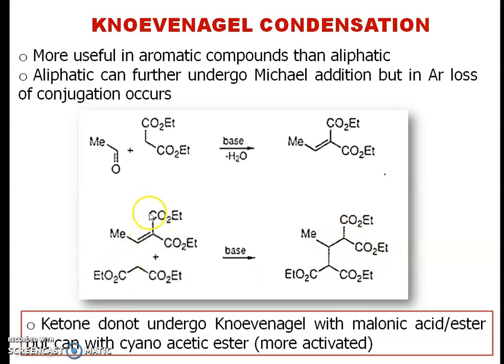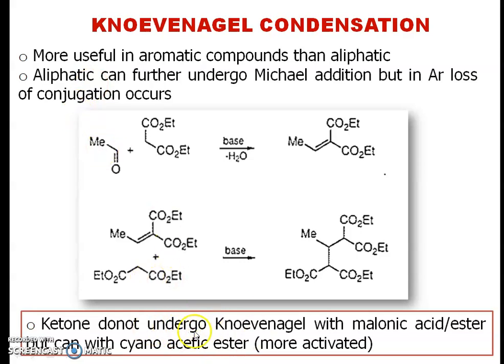This is called Michael addition, Michael 1,4 addition. Another molecule of diester is added at this carbon, and it forms a structure like this. So it is always more useful for aromatic compounds than aliphatic compounds.